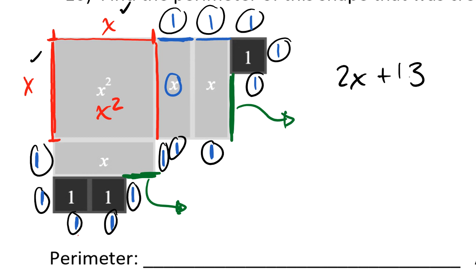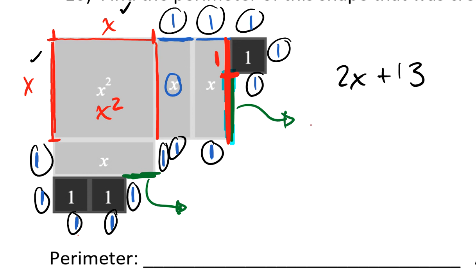Okay, so now let's think about the two pieces that are shown in green. Let's think about this one first. This piece right here is comprised of an x tile, a tile that goes from here to here, but part of that x tile is taken away. In fact, the part that's taken away was 1 unit long.